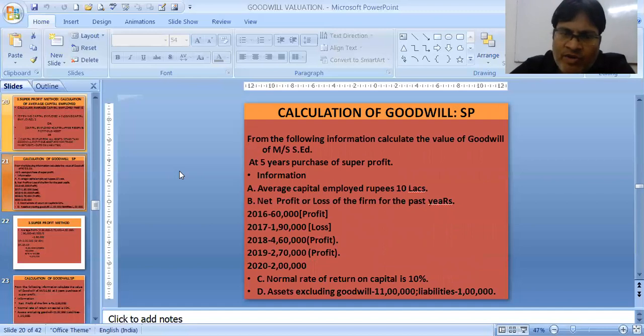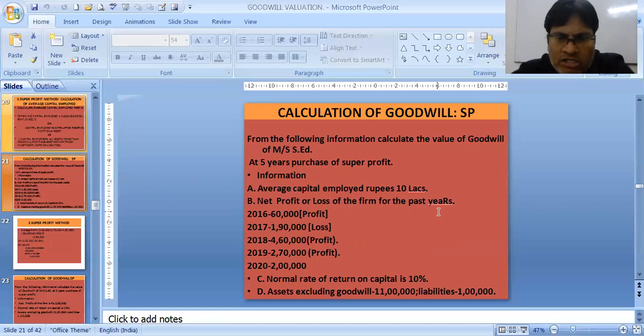Let's understand goodwill on the super profit method by doing one sum. From the following information, calculate the value of goodwill of Messrs. S.A. at 5 years purchase of super profit. Information is given. Average capital employed is rupees 10 lakhs.